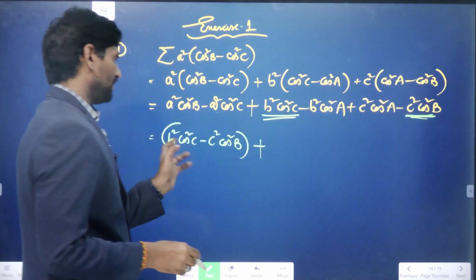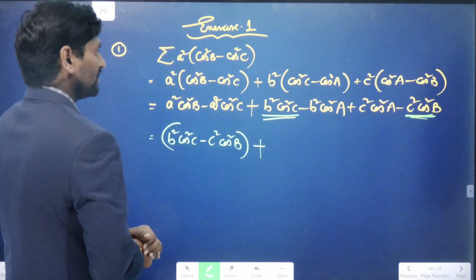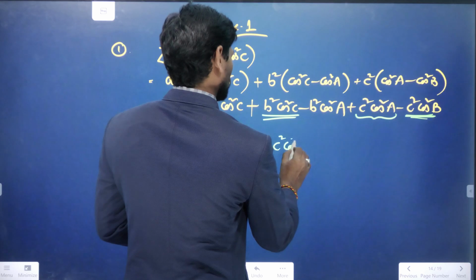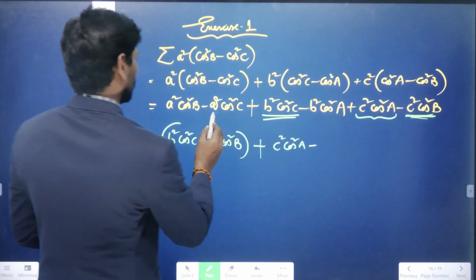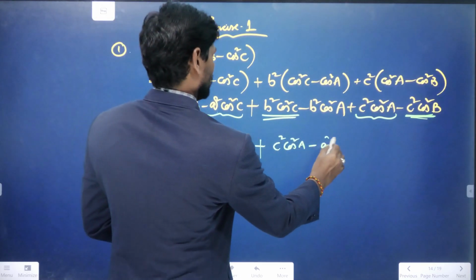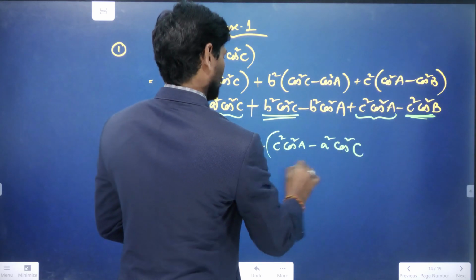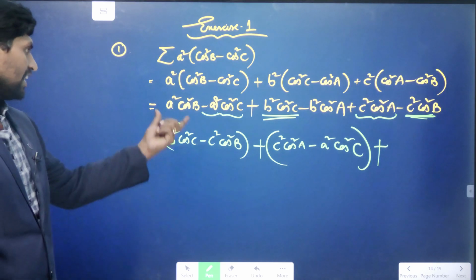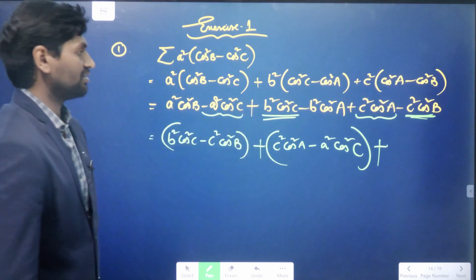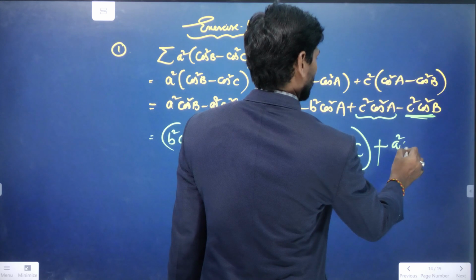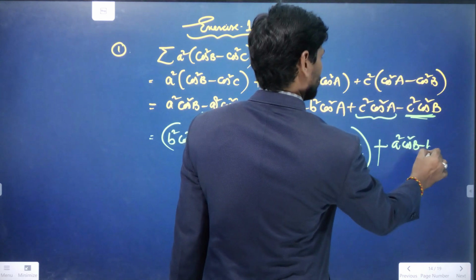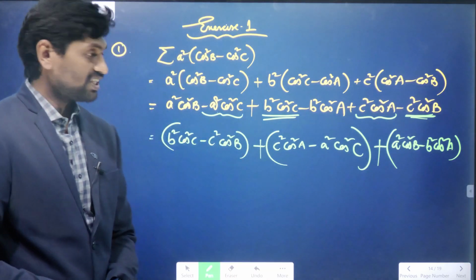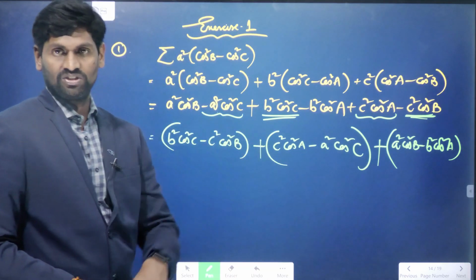Plus, after BC comes CA: C square cos square A minus A square cos square C. Plus the remaining terms: A square cos square B minus B square cos square A. For availability, I have to check it from the projection rule I have taken.